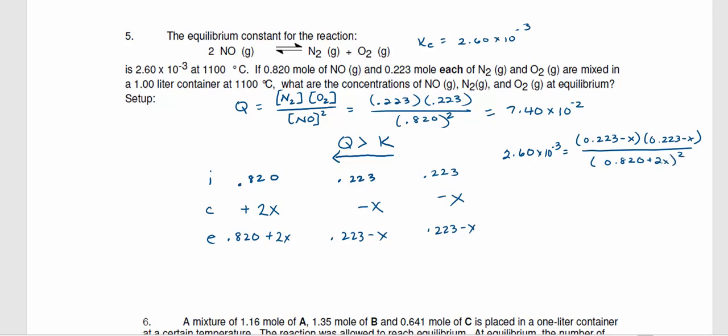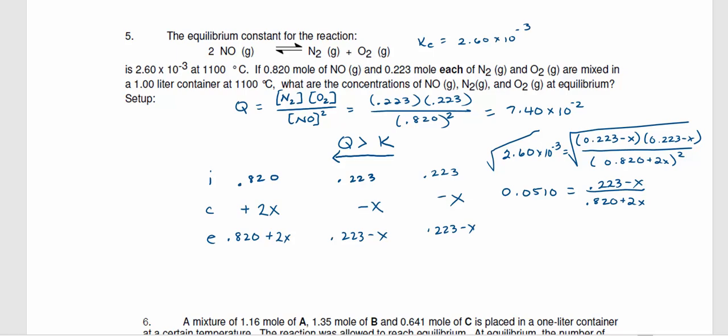Now, here is a little tip. If we take the square root of both sides, we can avoid the quadratic equation in this case. The square root of 2.6 times 10 to the minus third is 0.0510, and the square root of the right side is just 0.820 plus 2x in the denominator and 0.223 minus x in the numerator. So we can avoid the quadratic equation here.